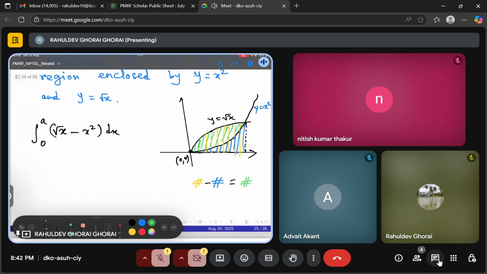So that's why you do this here, but you only need to know the point where they meet. To know this point, what you need to see is when square root x equals x square, right?